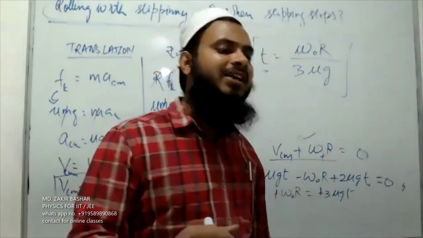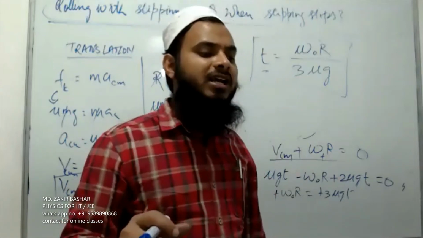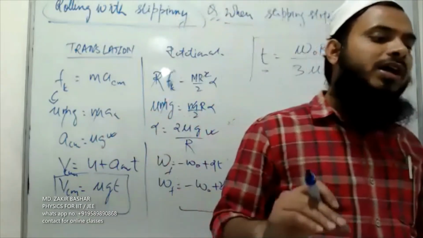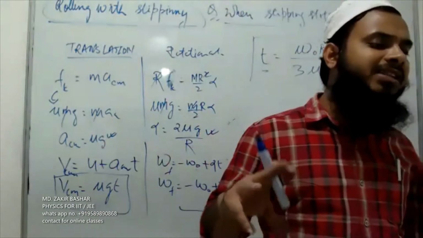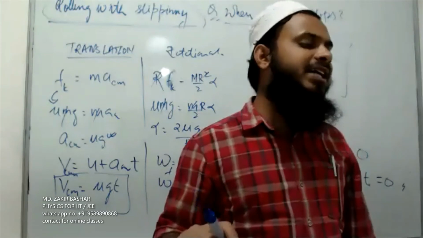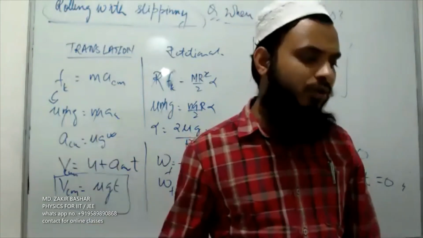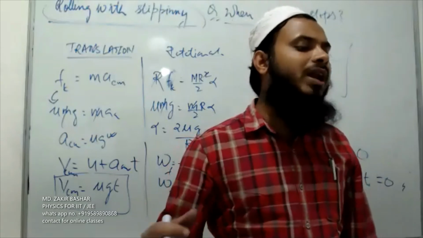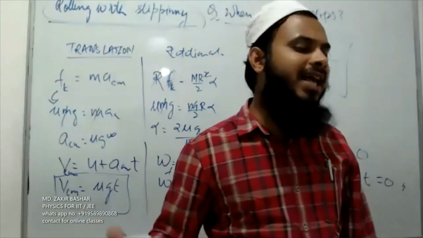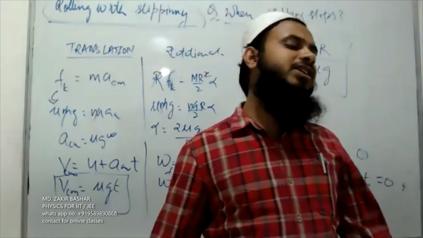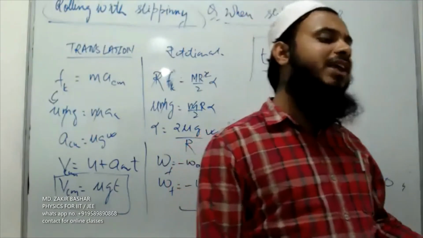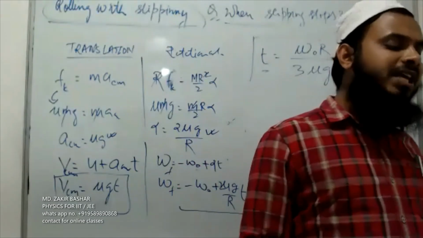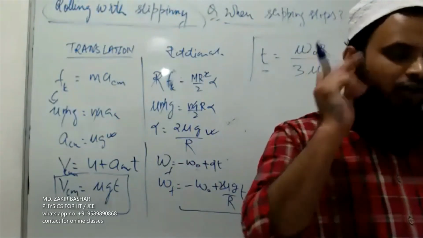As the static friction acts, it achieves its goal instantly, it doesn't take time. It equalizes the acceleration, because the main aim of the static friction force is to equalize the acceleration of the point of contact. You should keep this in your mind.